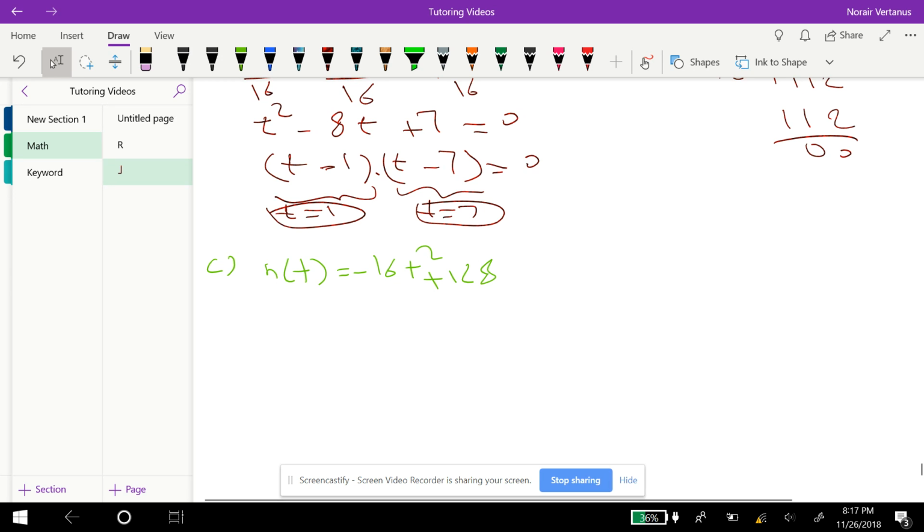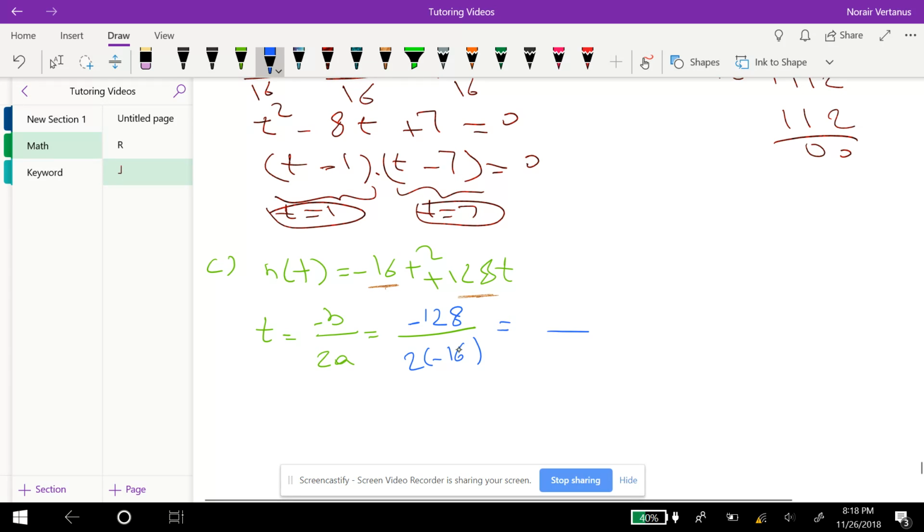So the axis of symmetry, t, would be equal to negative b over 2a. That's equal to negative b. Oh, that's t there. So this is b, and this is a. C is equal to 0. So negative b is going to be negative 128 over 2a, 2 times negative 16.